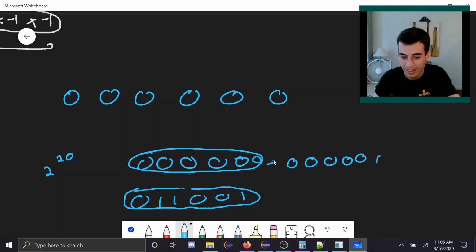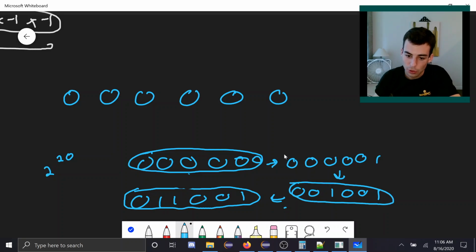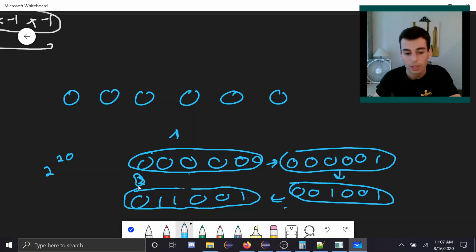We have an edge to that, which has an edge to 0, 0, 1, 0, 0, 1, which has an edge to this here. So the distance between these 2 numbers, which we'll call A and B, is 3. We have to take 3 different edges, which means there are 3 bits that are different. We're trying to minimize the number of bits that are different. That's an easy enough thing to do.